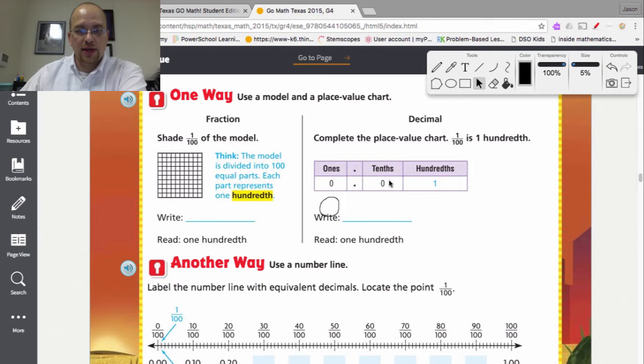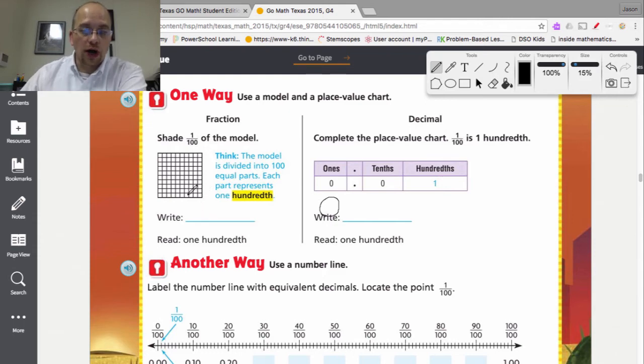The first way we can do it is to use a decimal model like we've done before with the base 10 blocks. I have a decimal model here and there are 10 rows of 10 squares. Well, that makes 100 equal parts.